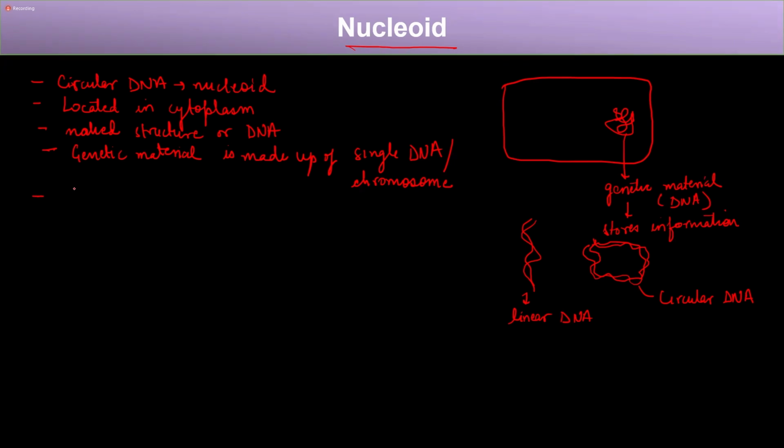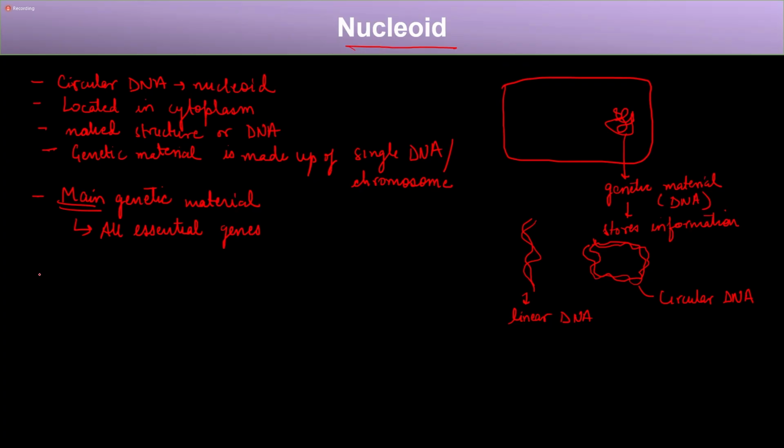Hence, it is also called the main genomic DNA or main genetic material. Why I'm saying main genetic material, you will understand in the next slide. But for now, remember that the nucleoid is called the main genetic material because it has all the essential genes that govern what a cell has to do.